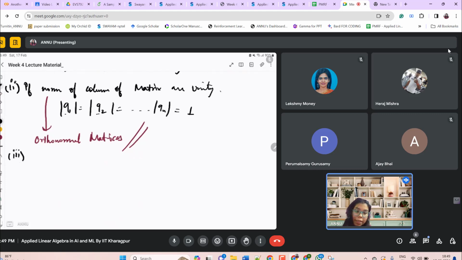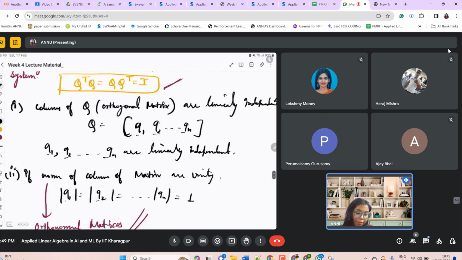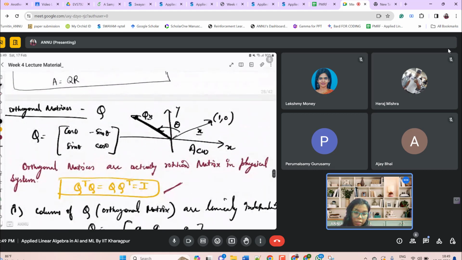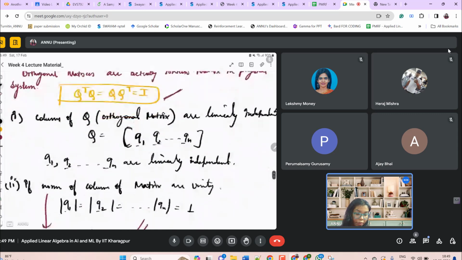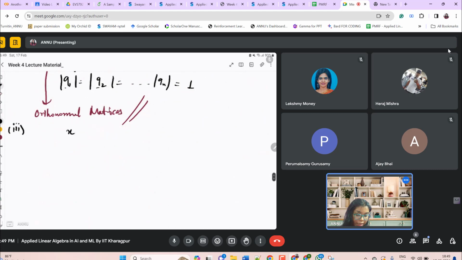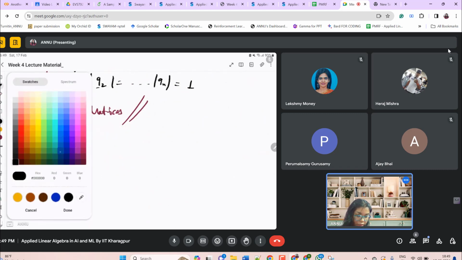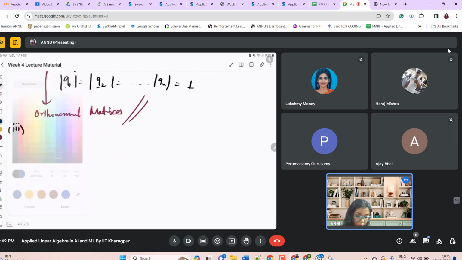What are the main properties? As we can see from this figure, what we are trying to do, we are rotating this particular vector to a different vector. So, if you have input as x vector, then you are getting as output qx vector.